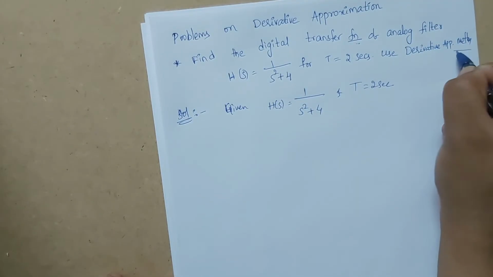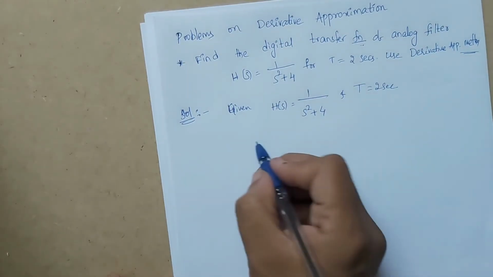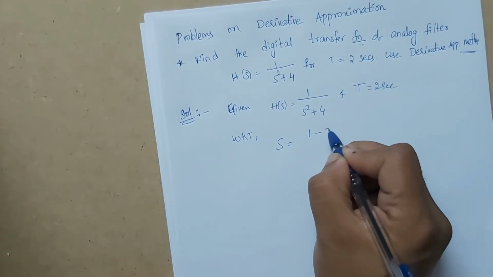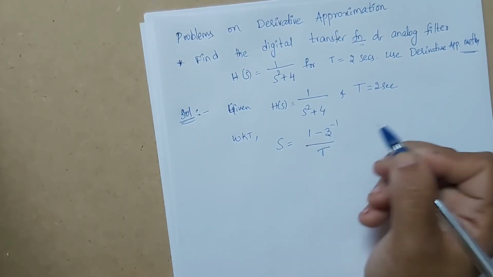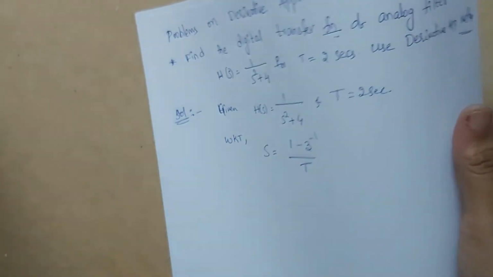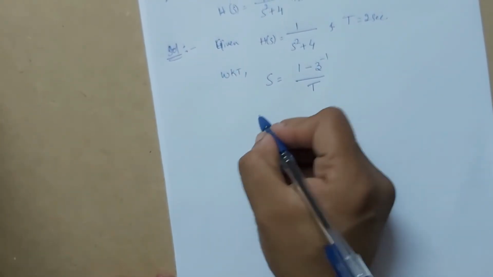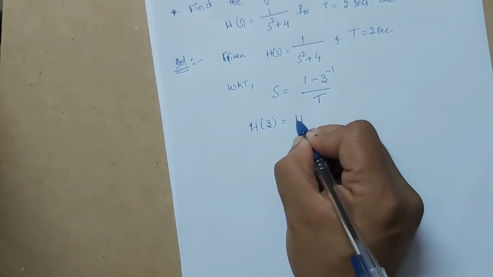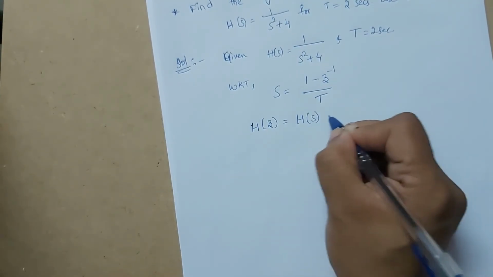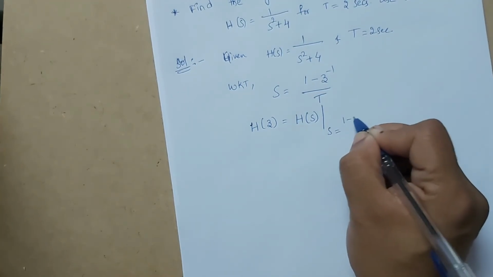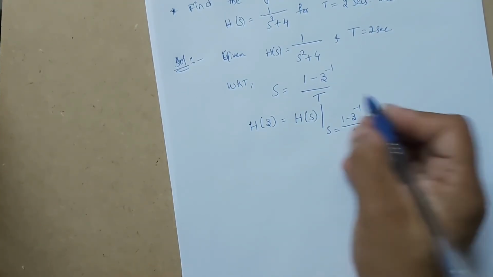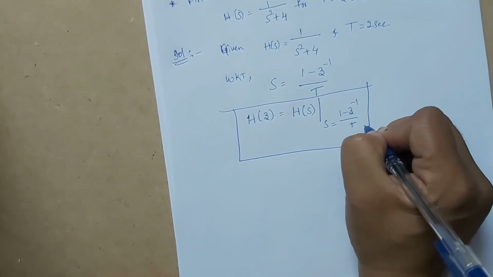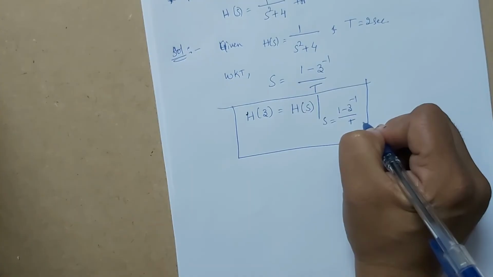In the question alone they will specify the method. So we know that s is equal to (1 minus z inverse) by T. You have to substitute. So we know that H of z is equal to H of s at s equal to (1 minus z inverse) by T. This is the main important point that you have to highlight in your answer.